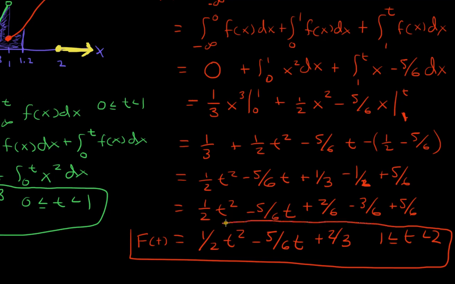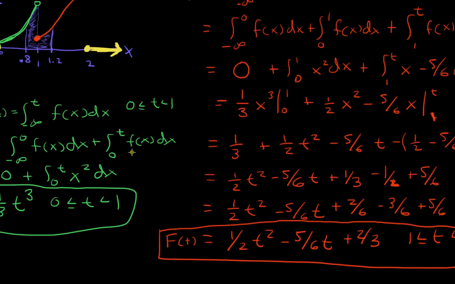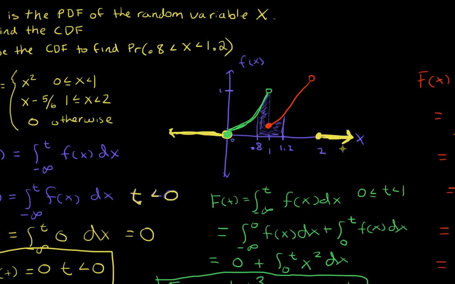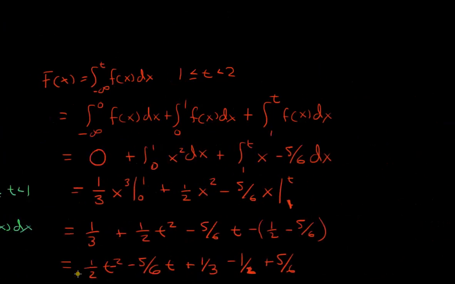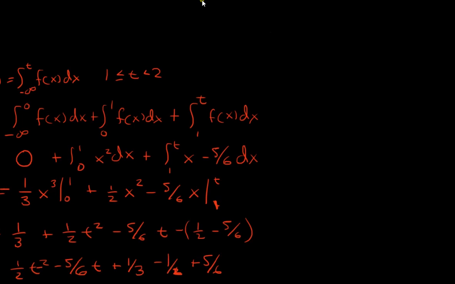So lastly, we need to consider that last yellow piece when t is greater than or equal to 2. So I'm going to go ahead and write that over here. What is F of t, the integral from negative infinity to t of f of x dx? Now t is greater than or equal to 2.